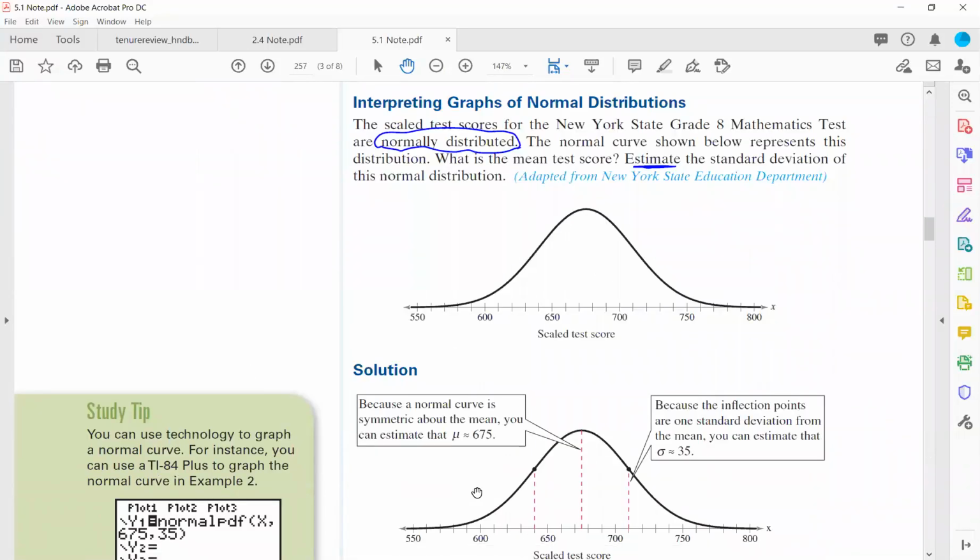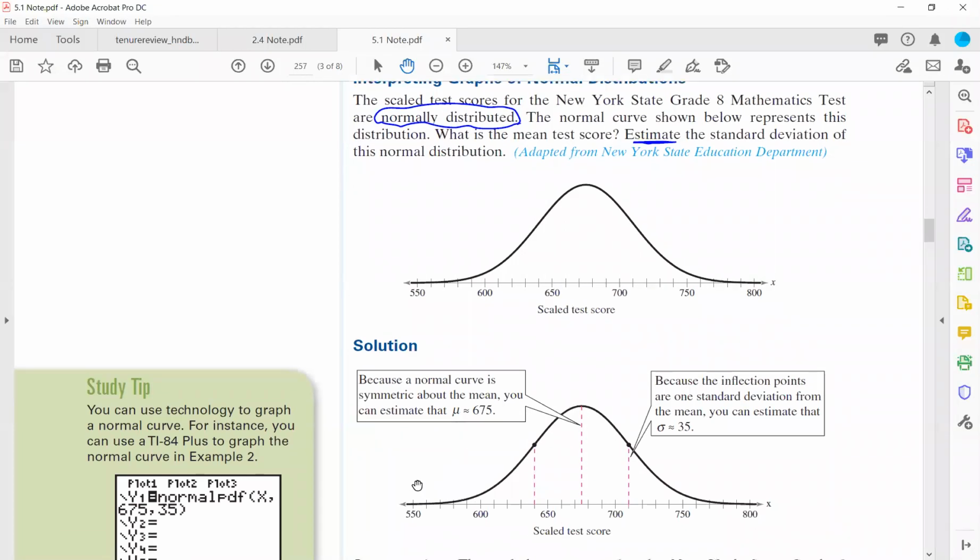By looking at the graph, as you can see, the inflection points are actually matching the numbers a little bit further away from 650 and further away from 700. So it's going to be, let's see, 710. Okay, so this number, 710.